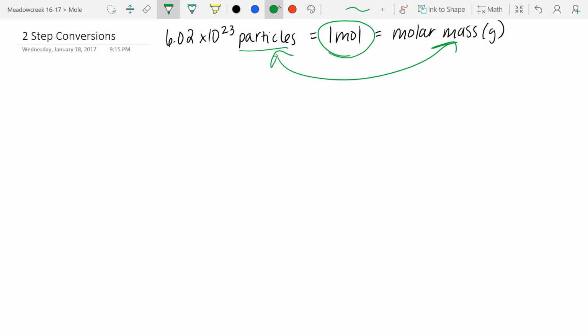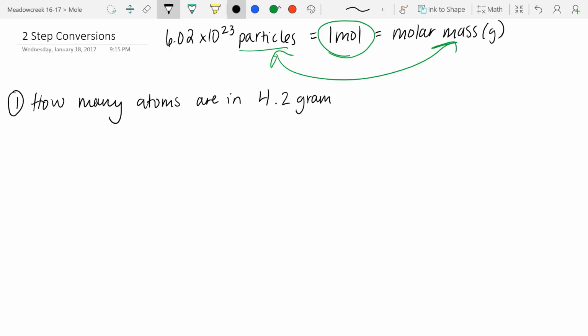Now, there are several different ways to show this in a math problem. If they ask you, for example, how many atoms are in 4.2 grams of NaCl, we would first start off with our given, exactly like we did in one step.